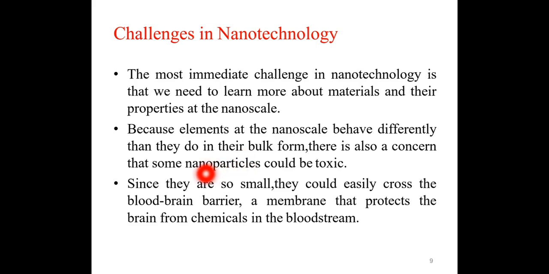Since nanomaterials are so small, they could easily cross the blood brain barrier, a membrane that protects the brain from chemicals in the bloodstream.